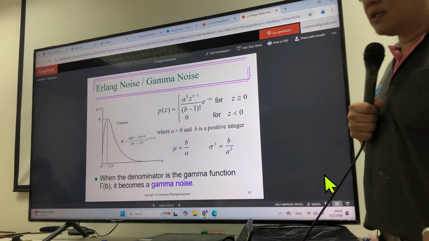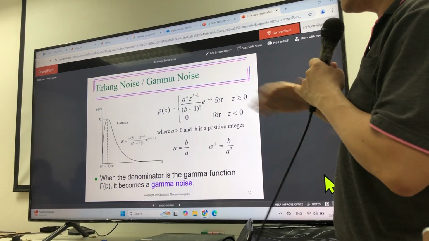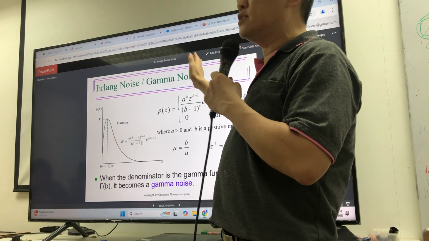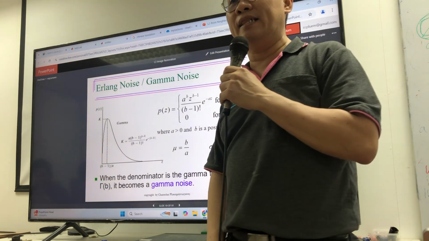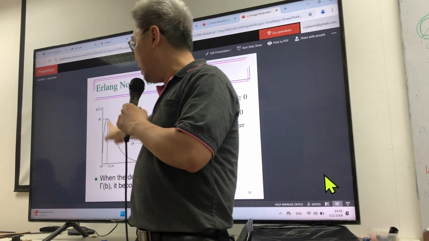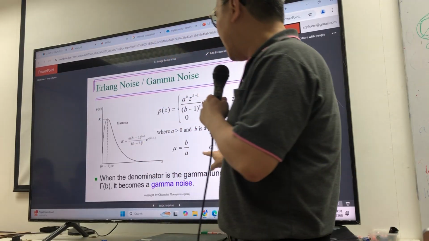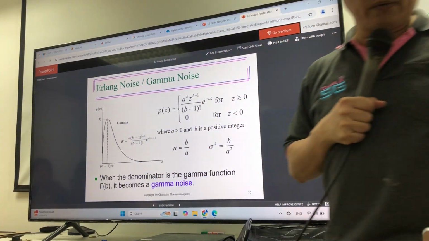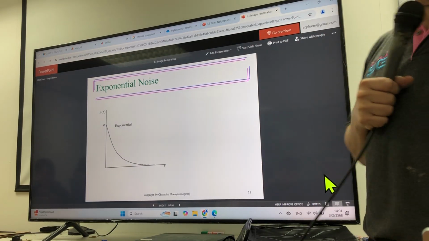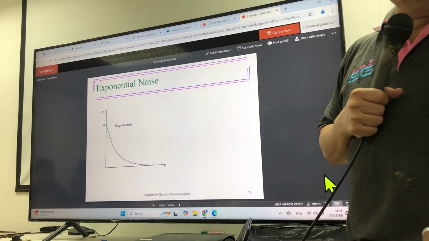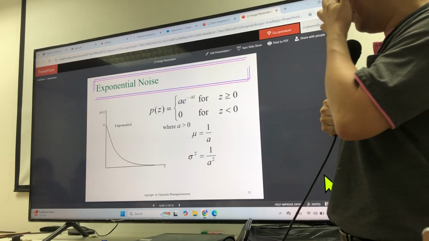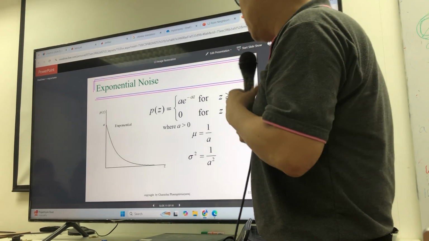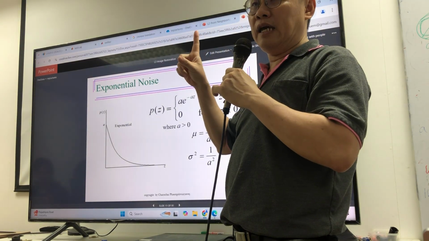Gamma noise, or Erlang noise, is more tilted. Gamma noise is a more general form of the Rayleigh noise, and it has two parameters, A and B, related to mu and sigma squared. This is the exponential noise. Exponential is so special.